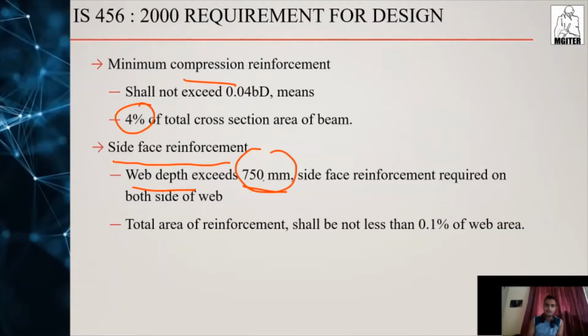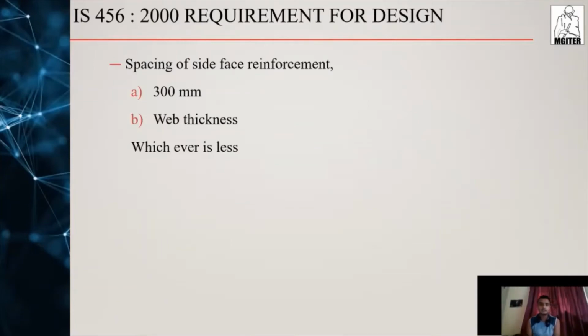Okay, understood? If more than 750 mm, then both side face reinforcement is required. Then the spacing of side face reinforcement is 300 mm or web thickness, whichever is less. Look here, 300 mm, 300 mm.